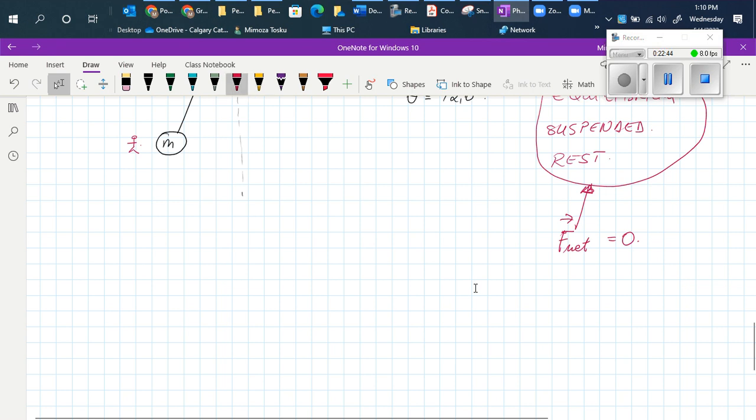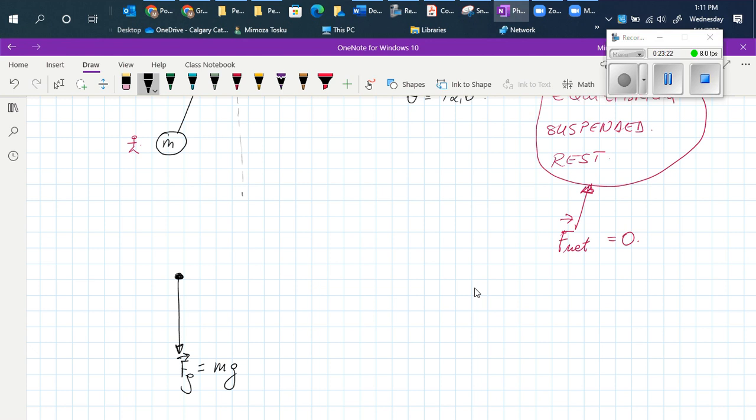Since the mass of the object is given, you have to consider it. When you have an object with a mass, what is that universal force that the object is experiencing? It's gravity. The force of gravity always goes from the object toward the center of the Earth, and its magnitude is mass times acceleration due to gravity.